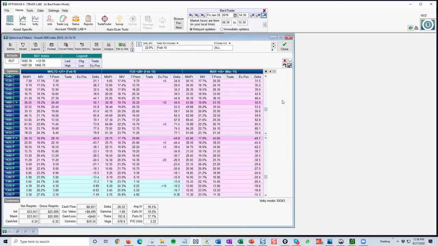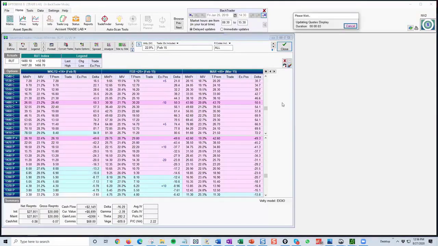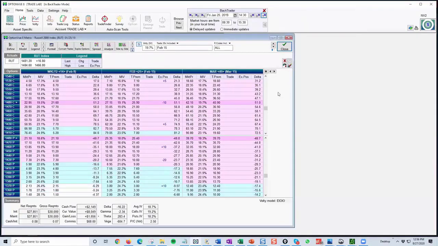Yeah, that's right. So let's go to the next adjustment. It'll look like the market's kind of heading up on us here. Let's see what we did. Yeah, so we got 45 negative delta before any adjustment.